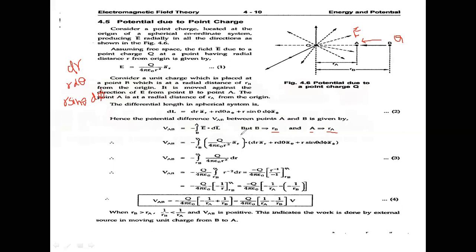These are the magnitudes of the electric field and the differential length.